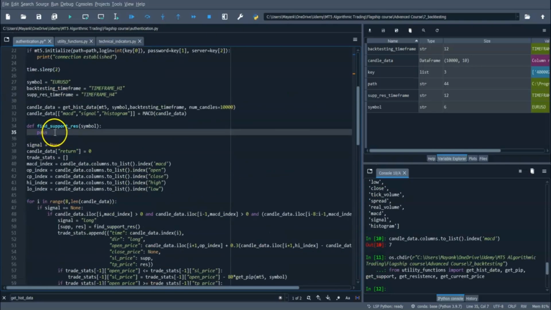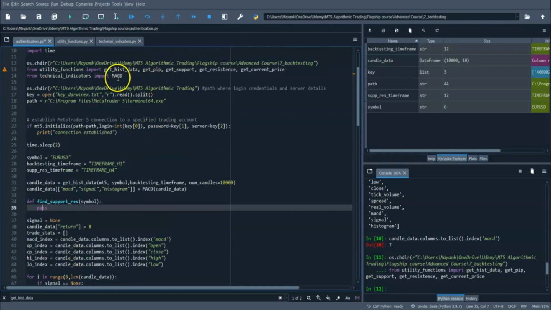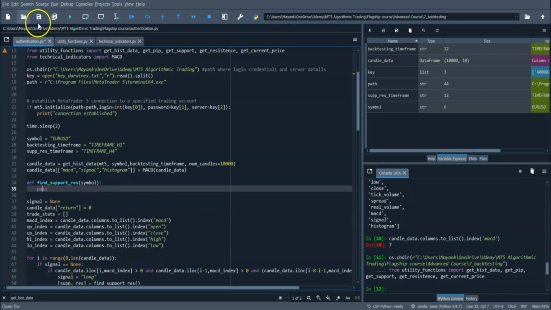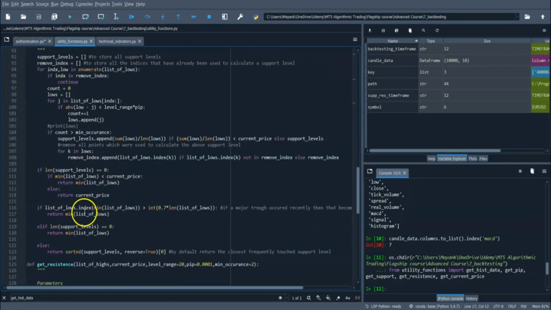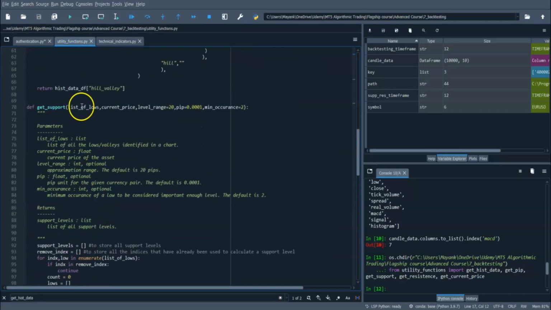Alright, so now let us see what information is required to get support and resistance for a given symbol. For get support, you have to give the list of lows, the current price, and the range over which we can get the support price. The default is 20 pips, I'm fine with that. Pip value, we'll have to pass the pip.